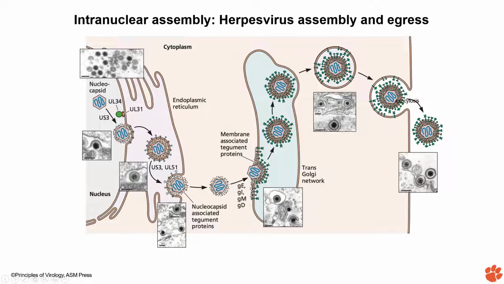You can see this is the inner membrane, outer membrane, and the virus loses the membrane along with some of these membrane proteins. You can see that these US3 or UL51, those are lost. But some of these capsid-associated proteins remain, and the virus comes into the cytoplasm back again as a naked virus.